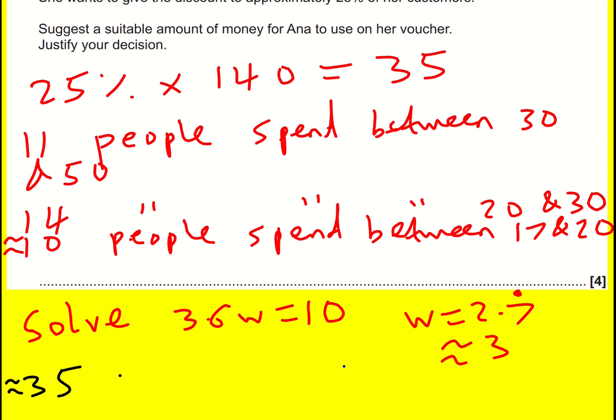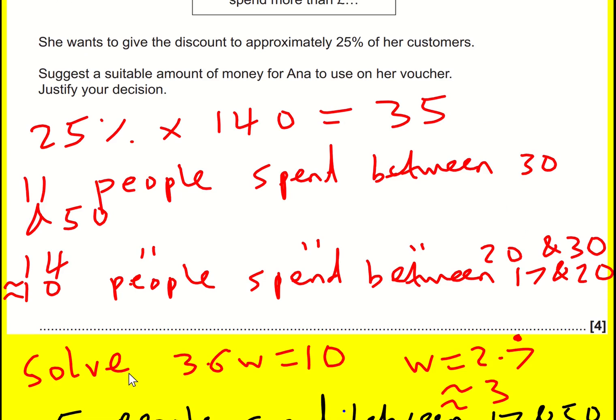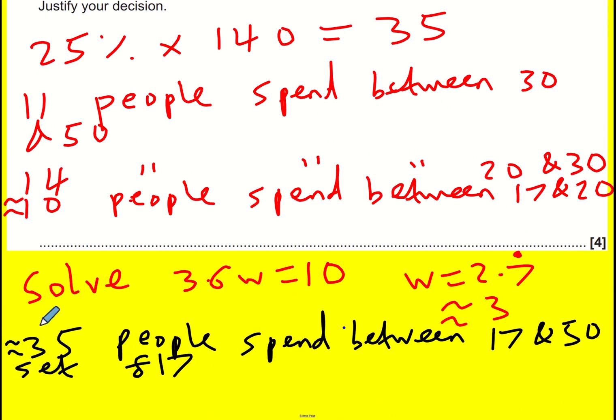Approximately 35 people spend between 17 and 50. Set £17 as the value on the voucher. I just couldn't quite fit it in here.